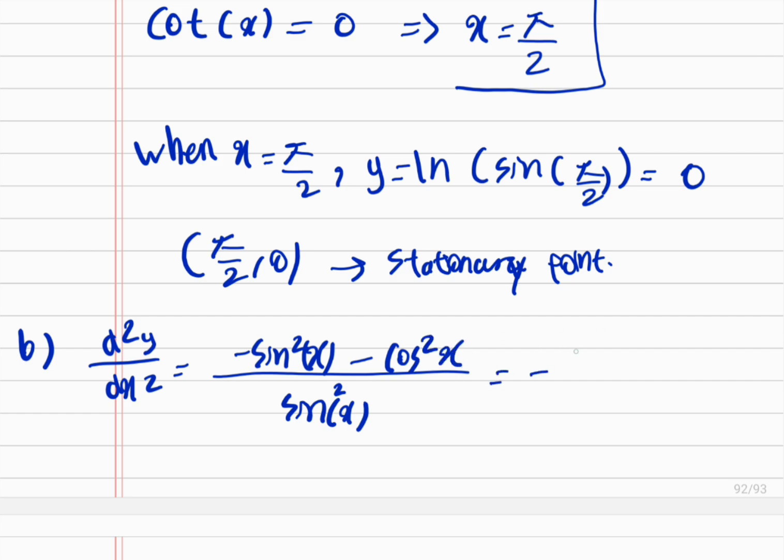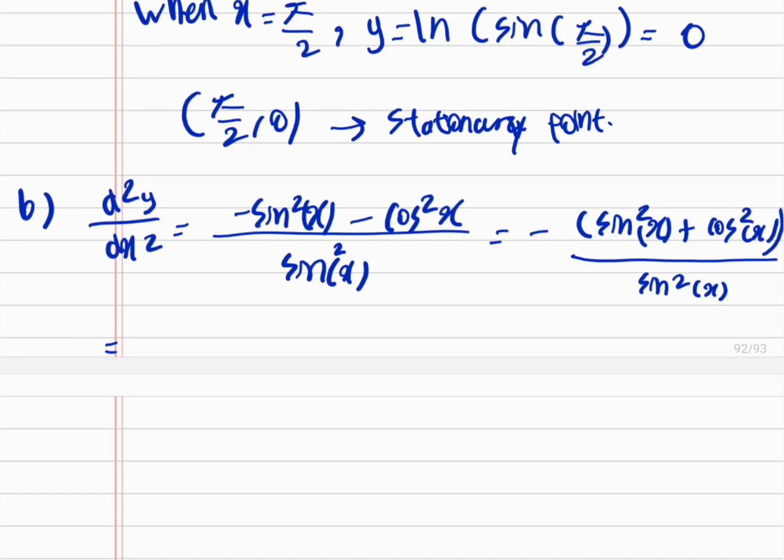And we can simplify this. Let's take a factor of -1, and it's going to be sine squared x plus cos squared x, and this is the numerator, and the denominator is just sine squared x. The numerator is going to be 1 because it's an identity. Therefore, we are going to have -1 over sine squared x.